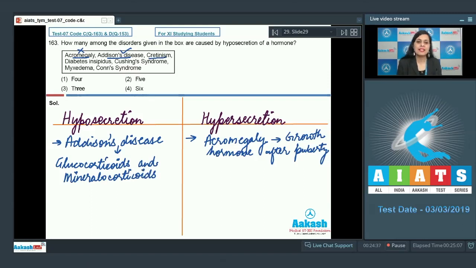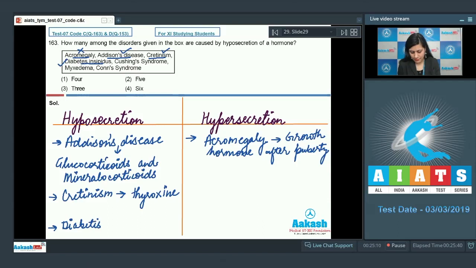The next option, cretinism, is also correct because cretinism is caused due to hyposecretion of thyroxine hormone. The next option, diabetes insipidus, is also correct because diabetes insipidus is caused due to hyposecretion of antidiuretic hormone or deficiency of vasopressin.